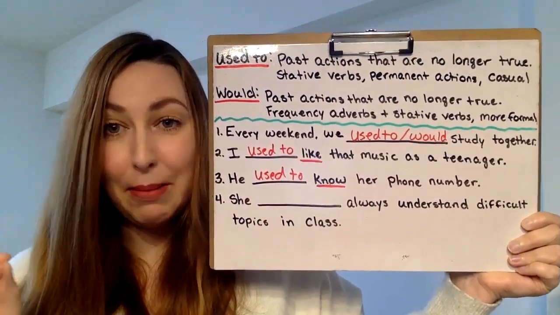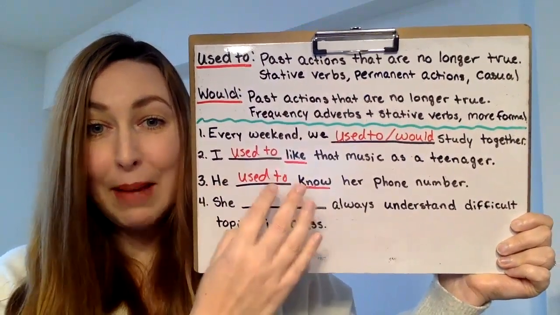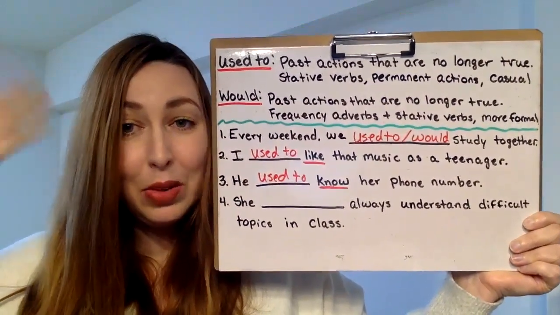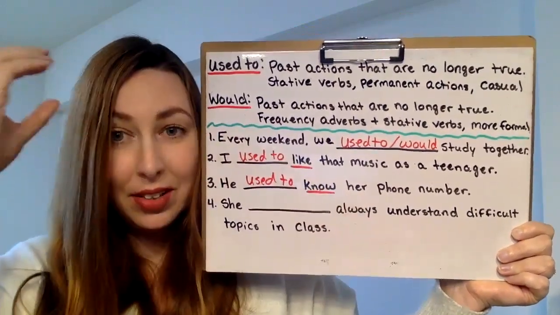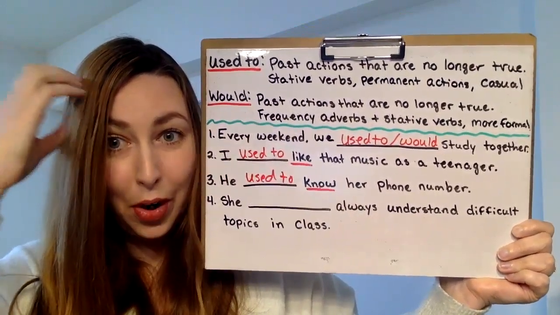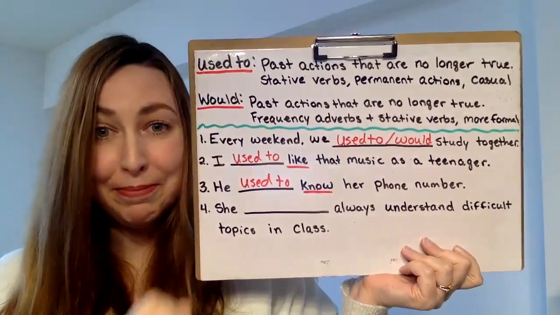So keep that in mind. It has a different meaning. So if you're talking about the past, he used to know. So that's kind of a permanent action. Okay? He used to know her phone number.